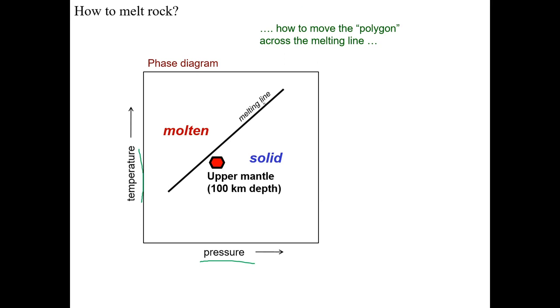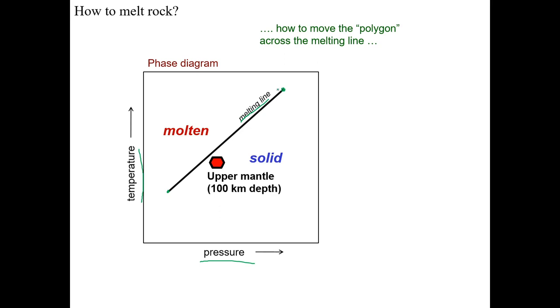Okay, so this is the melting line. At low pressure it's low, but at high pressure it's high. With increasing pressure it becomes harder and harder to melt something. That should make sense, because when you melt something, it expands, and pressure is trying to keep things condensed and contracted in low volume if it can.